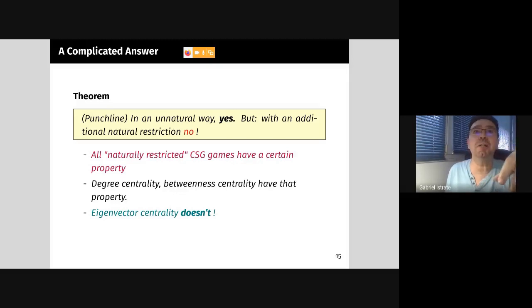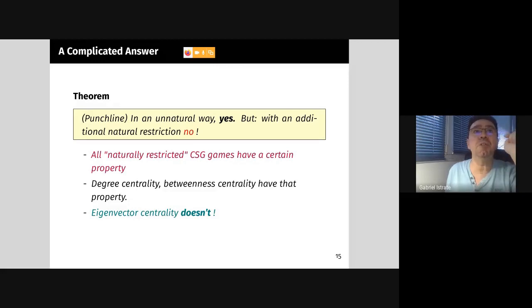But the more interesting part is that the answer is no. With a natural restriction, there are some properties that all coalitional skill games have, and eigenvector centrality doesn't. So you cannot represent eigenvector centrality as the Shapley value of a coalitional skill game with rational profits, whereas you can represent degree centrality and betweenness centrality like that.